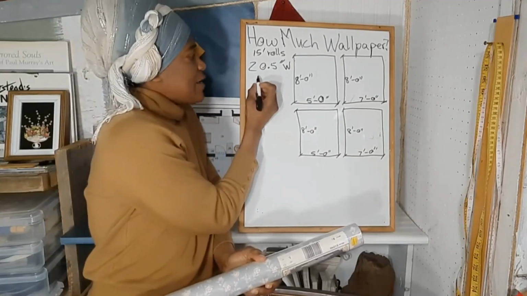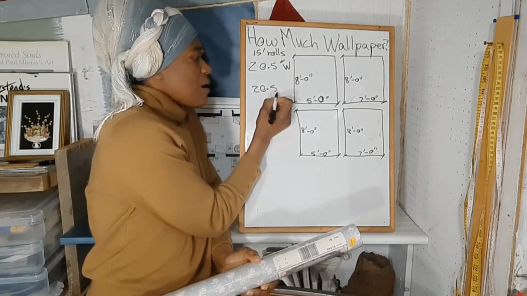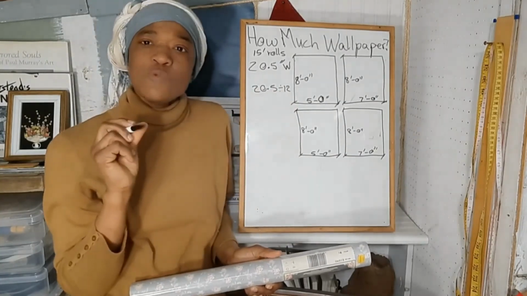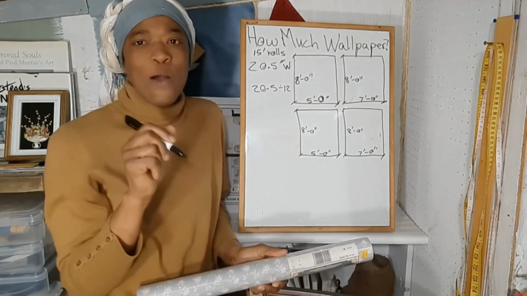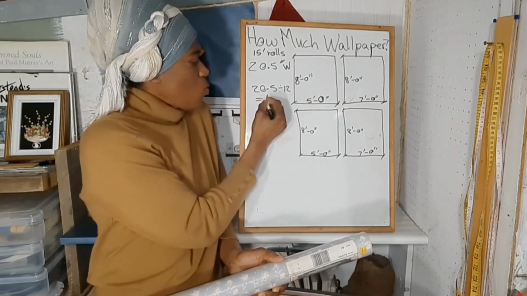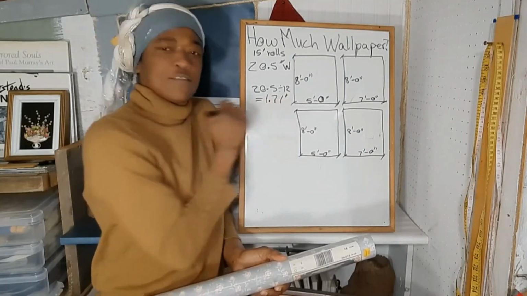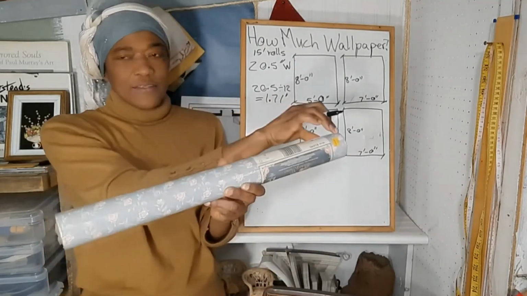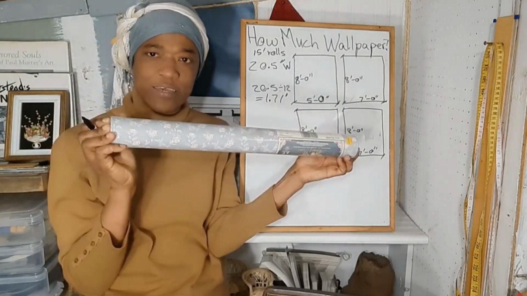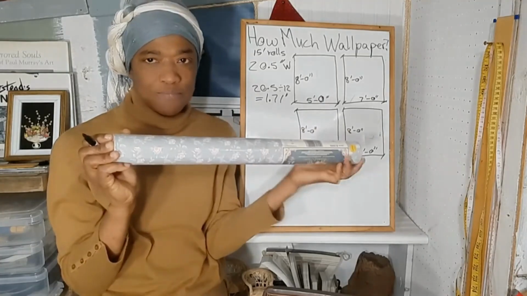So we'll divide 20.5 by 12 inches. And we do that because there are 12 inches in a foot. And we get 1.71 feet. So now we know that this wallpaper, the width in feet is 1.71.